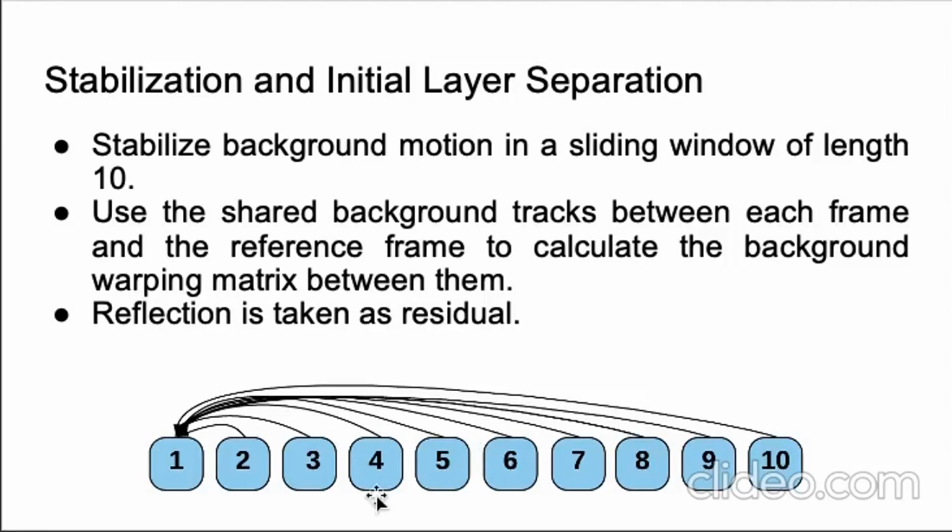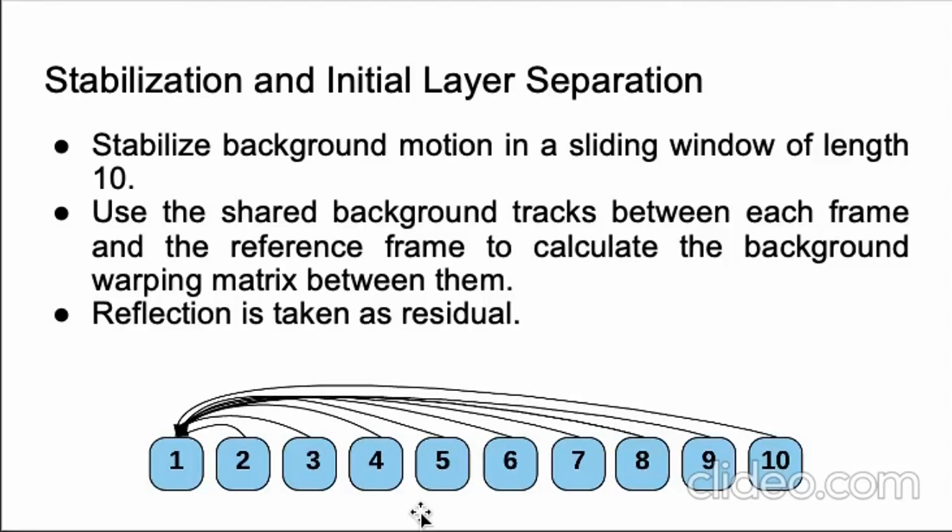So to do the stabilization, we take a sliding window of 10 frames. We multiply the warping matrix from each frame and the first frame. What we basically do is warp all the frames onto the first frame using the background warping matrices. This results in a window of warped frames where the background motion is nearly stable.